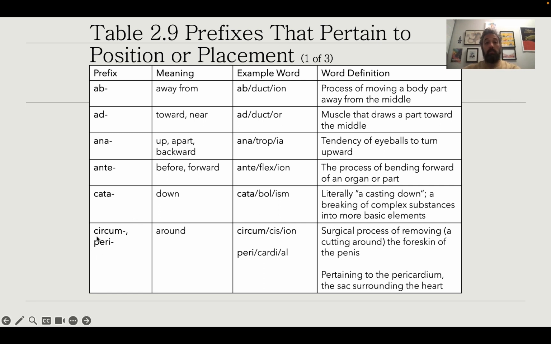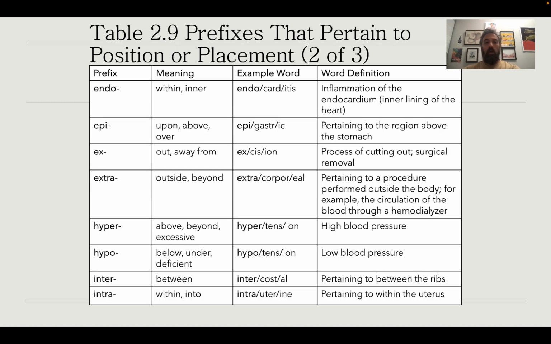Circum and peri, that's once again a Greek-Latin change. A lot of these are actually going to have Greek-Latin changes. So epi and ad, you'll see similar types of things. If you think about epinephrine, nephros being the Greek for the kidney, and epi meaning on top of or above, versus adrenaline, where renal is the kidney in Latin, and ad is the prefix meaning up, above, or on top of.